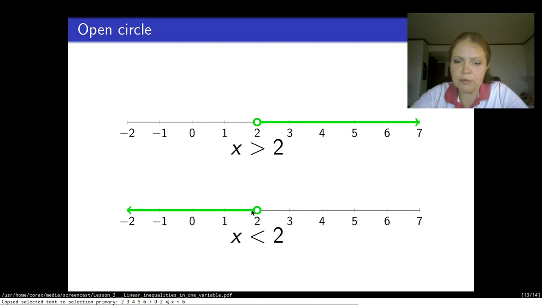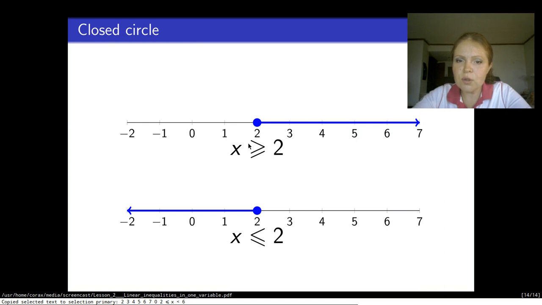It's not a solution for these two inequalities. But for these two inequalities, if x is greater than or equal to, or less than or equal to, we use a closed circle, which shows you that number 2 is a solution for these two inequalities because x can be equal to number 2. We show that like a closed circle on the number line.